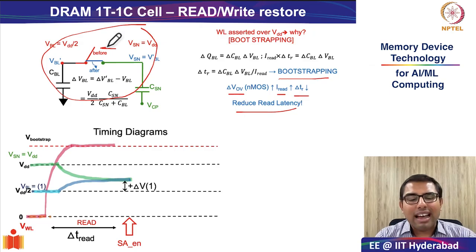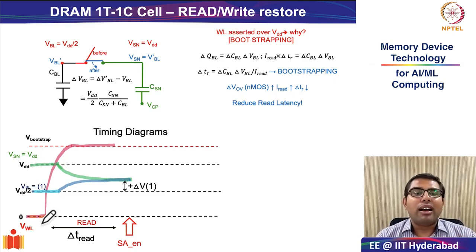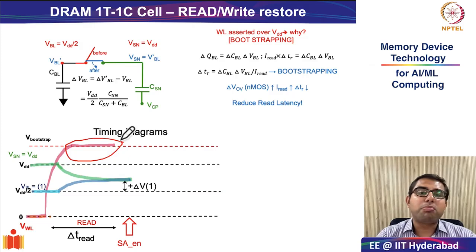Now, you don't have much leverage to play with the sizing of the access transistor. So the jugaad that you do, or the bootstrapping you do, is that during the read period you apply a bootstrap voltage. This bootstrap voltage is a very smart way to improve read latency by ensuring that the read current is higher.